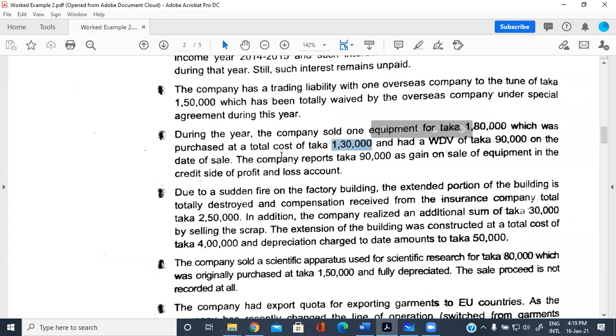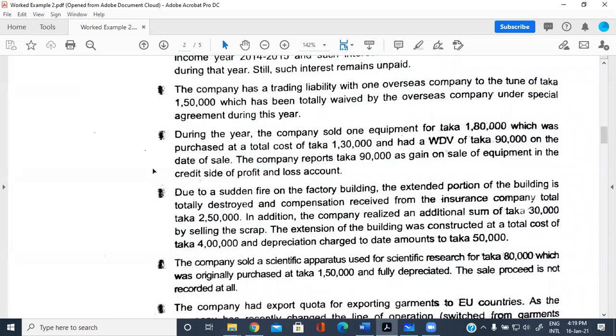Okay. The company reports taka 90,000 as gain on sale of equipment in the credit side of the profit and loss account, right? So that means the company has charged 90,000 as a gain on sale of equipment in the current credit side of the profit and loss account.